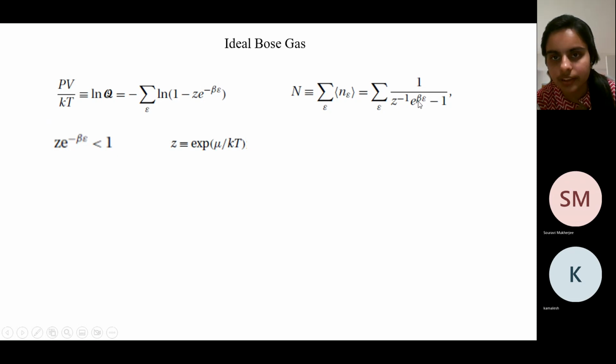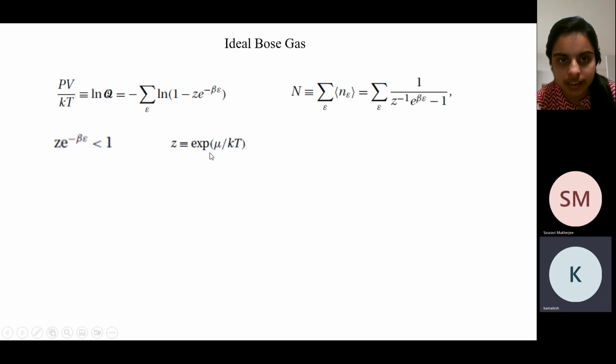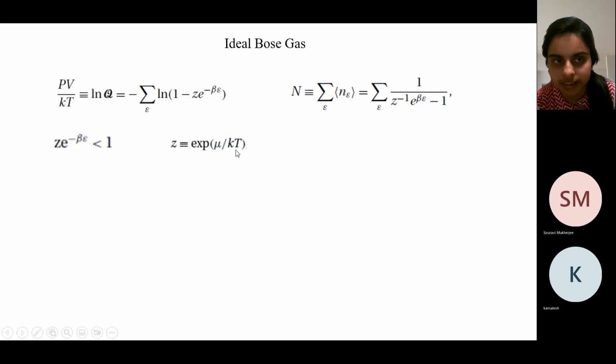That means z inverse e to the power beta E is greater than 1, right? Yes, ma'am. If you use this relation and you know z is equal to e to the power mu by kT, if you put z as e to the power mu by kT, what do you get? Replace z by e to the power mu by kT.